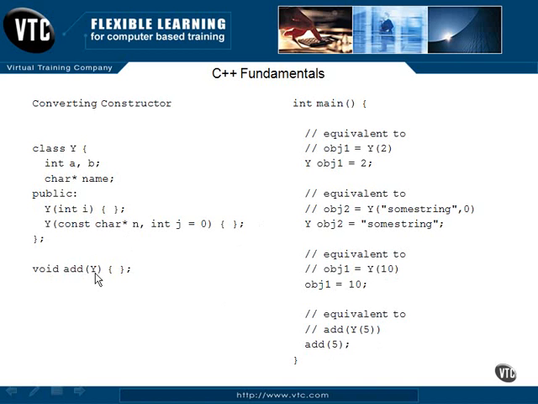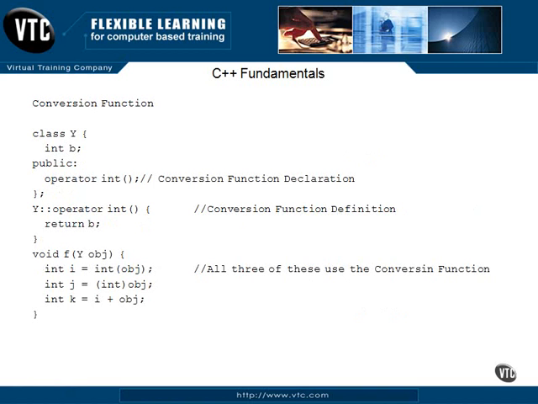We pass in 5 into Y, and since we're creating a new Y object here, our constructor runs, and since we're passing in an integer, we'll use this particular converting constructor. So a constructor built the way it is here is always a converting constructor, a constructor with a single input variable.